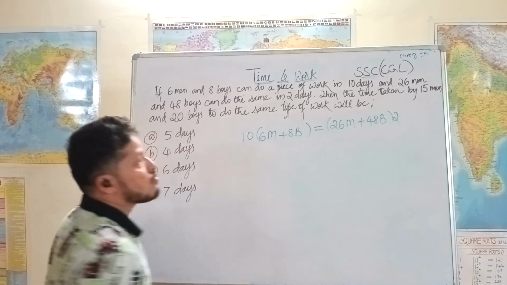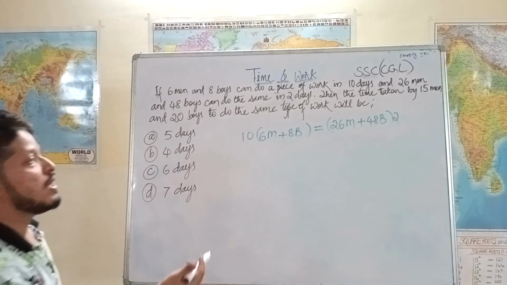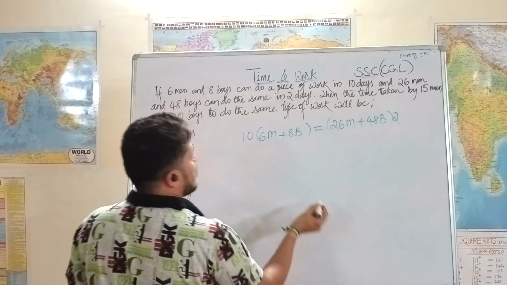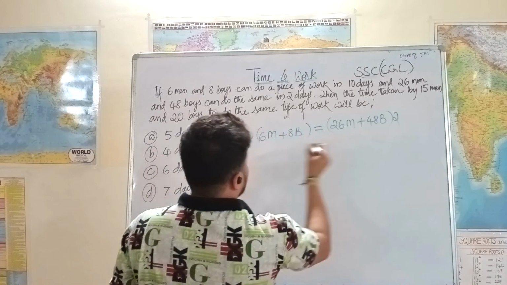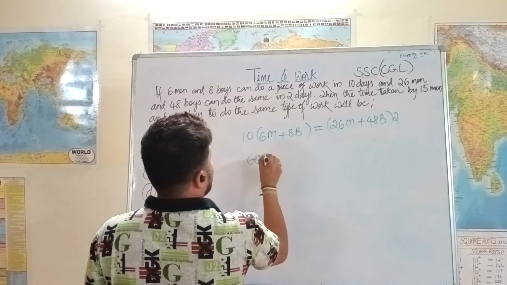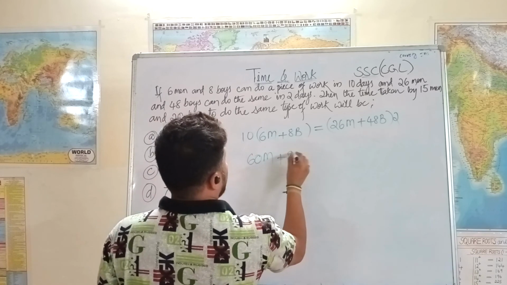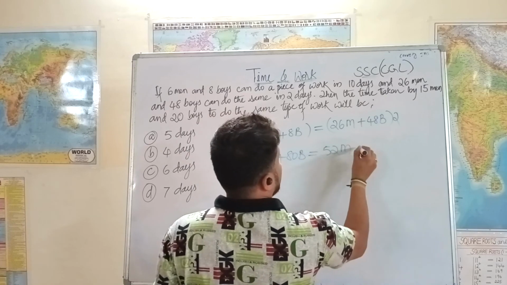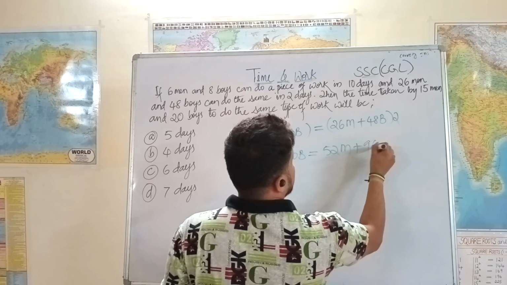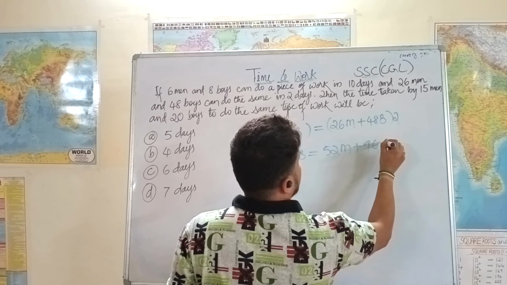Let's simplify this to find the relationship between M and B. 60M plus 80B is equal to 52M plus 96B.